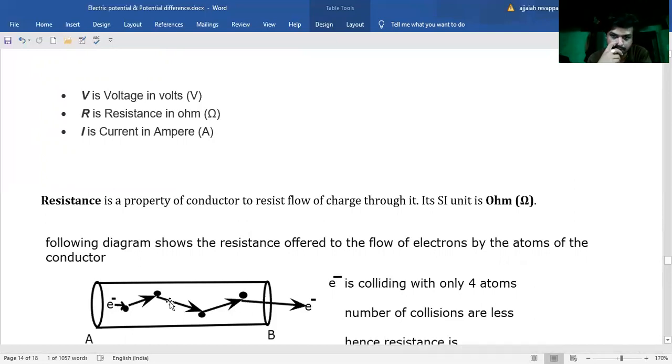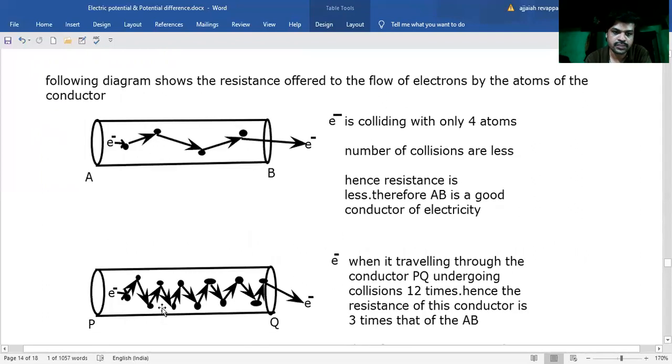When you ride a bike on a kacha road, versus a nice road like a national highway, there is a difference. This conductor is like a kacha road, and the electron is the bike.